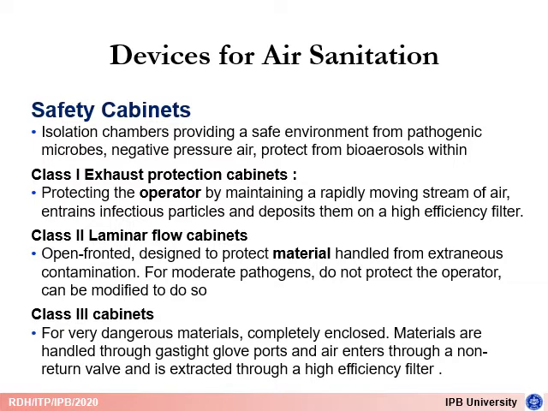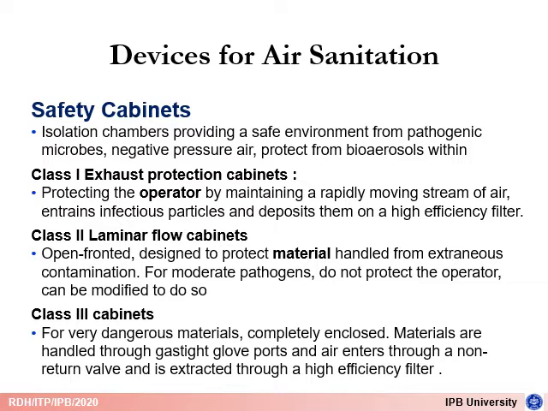The Class 2 laminar flow cabinet is open-fronted and designed to protect materials from extraneous contamination. It is designed for moderate pathogens and does not protect the operator. However, it can be modified to do so.